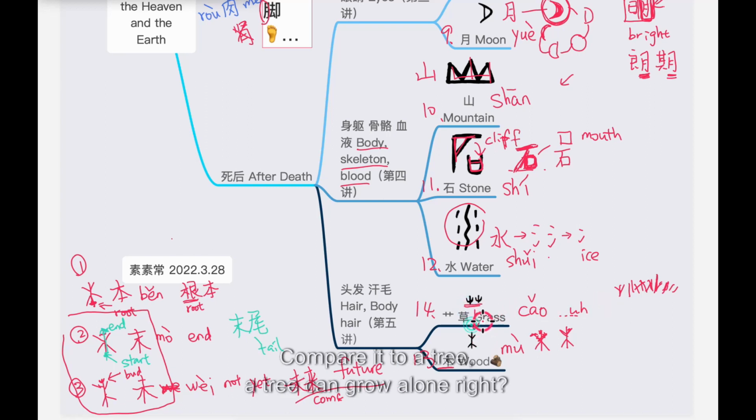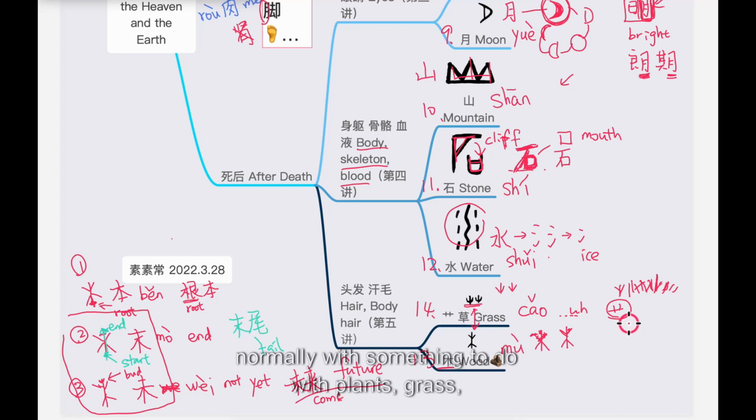Compared to a tree that can grow alone, right? Mu, but cao, we draw a pair like this. When you see a character with this radical on top of it, it normally has something to do with plants, grass.